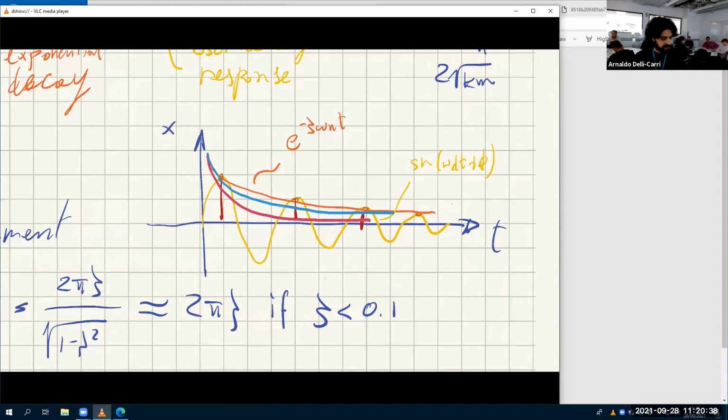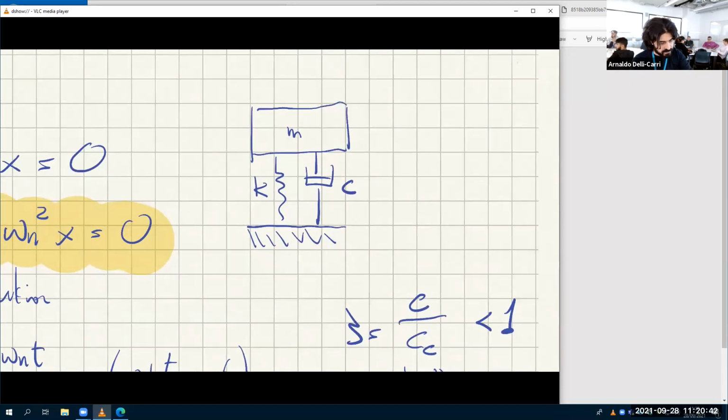Imagine if this thing here was very, very, very viscous. You take the mass up, you release it, and then it slowly goes down. Okay.